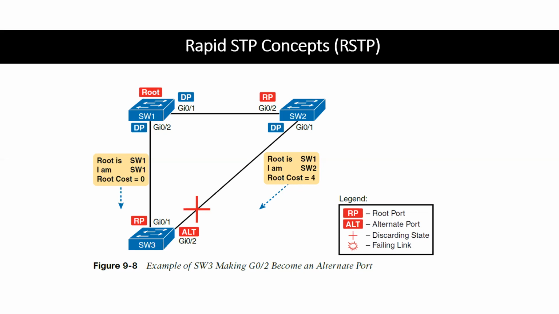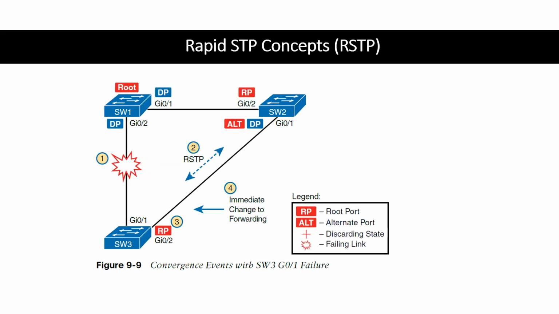But gigabit 0/2, if you look at this diagram, is the alternate port in this topology. Switch 3 and switch 2 are exchanging RSTP messages, BPDUs, to confirm that switch 3 will now transition its former alternate port, gigabit 0/2, to be a root port.